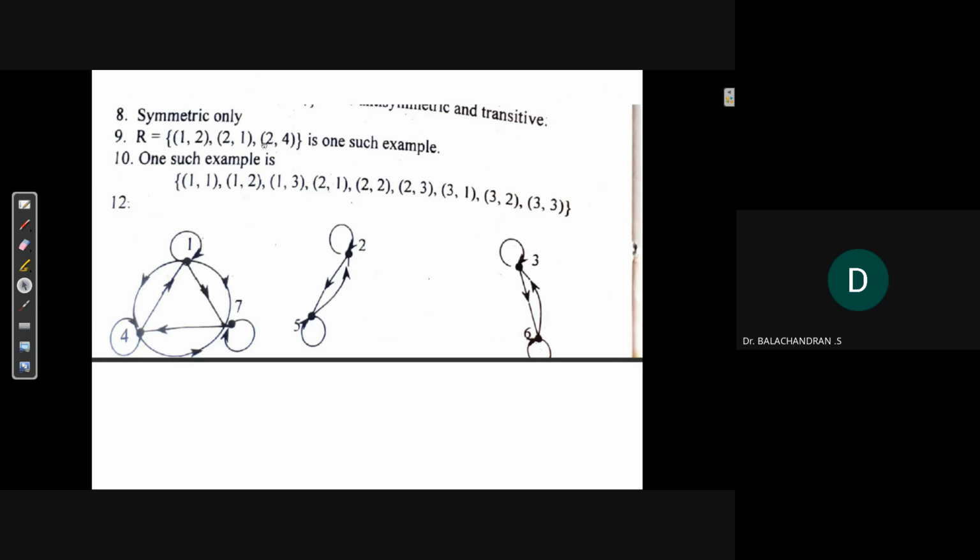Why? (2, 4) is here, (4, 2) is not here. Why is it not antisymmetric? For two different elements, 1 is not equal to 2, (1, 2) is here, (2, 1) should not be here. Then only we say it is antisymmetric. But (2, 1) is also here. That's why it is not antisymmetric.